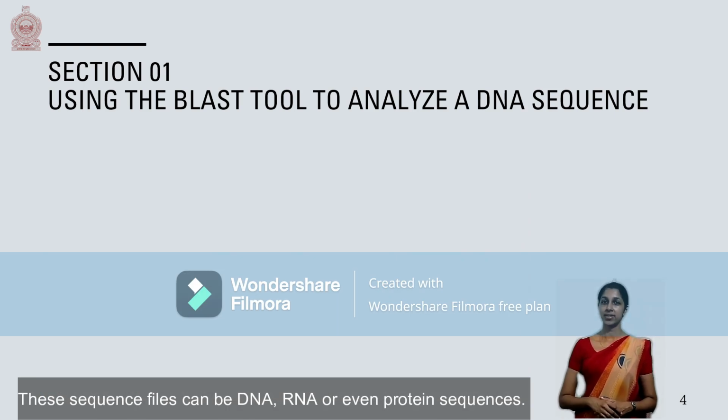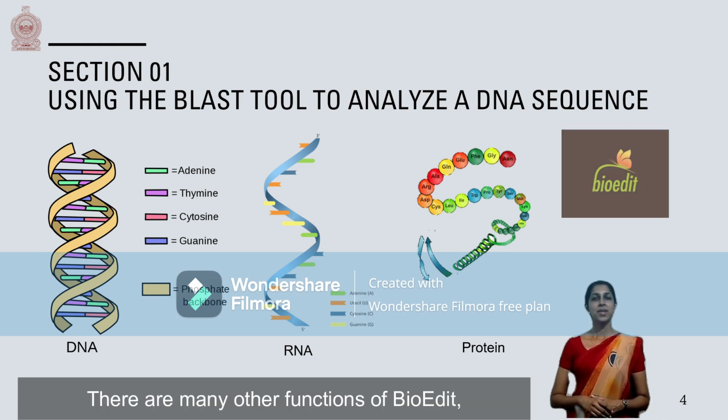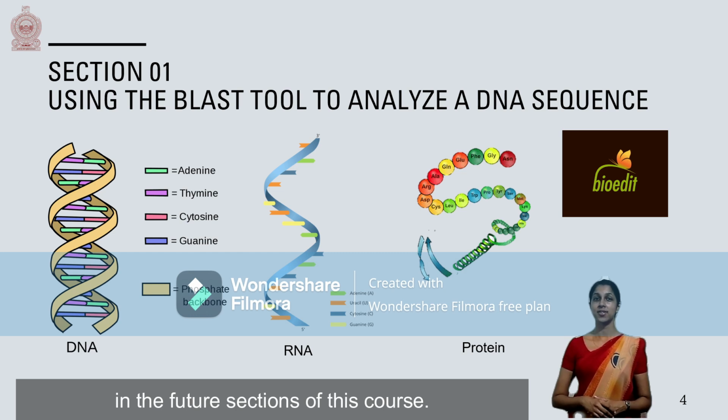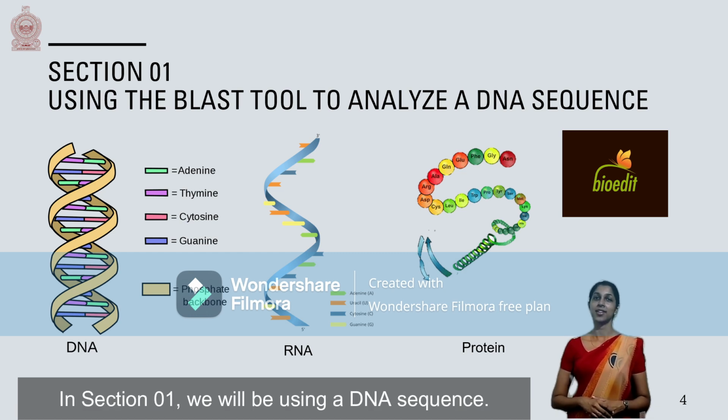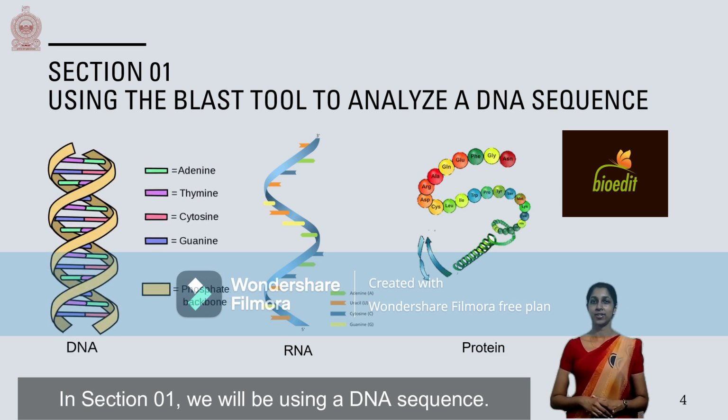These sequence files can be DNA, RNA, or even protein sequences. There are many other functions of BioEdit which we will be discussing in the future sections of this course. In Section 1, we will be using a DNA sequence.